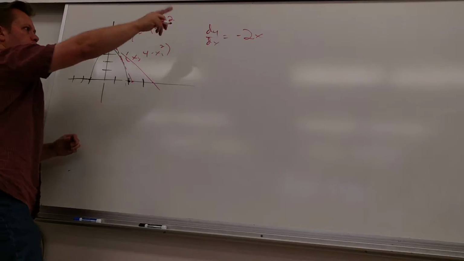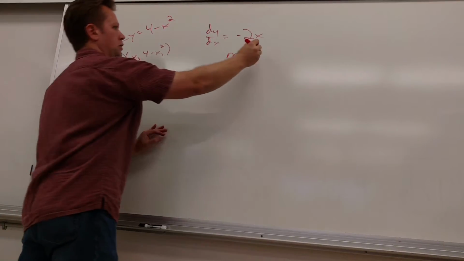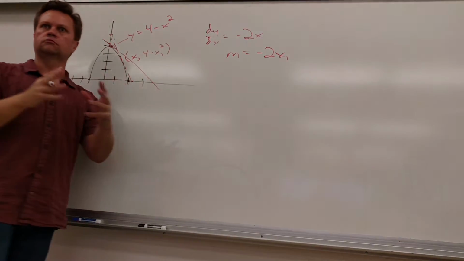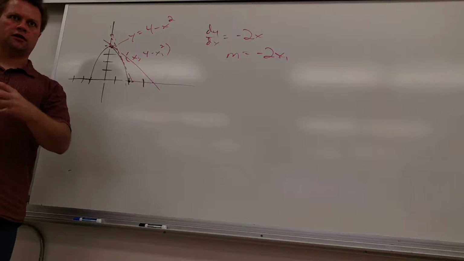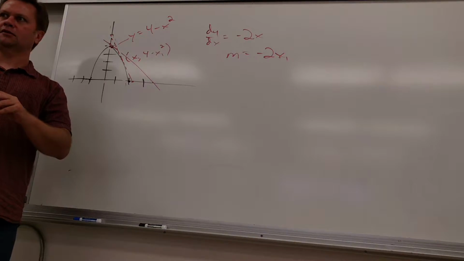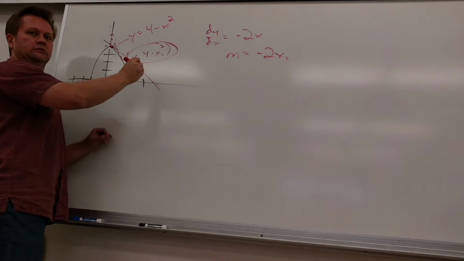Right? So what's the slope at x1? It'll be negative 2x1. So then what's the equation of the tangent line? The slope-intercept form? Or the point-slope form? Sure, yeah. So my point is this.